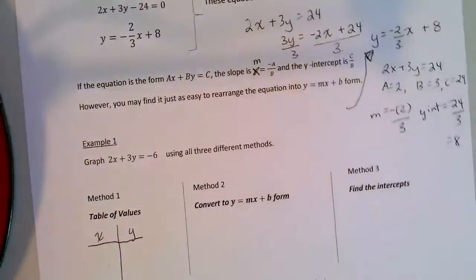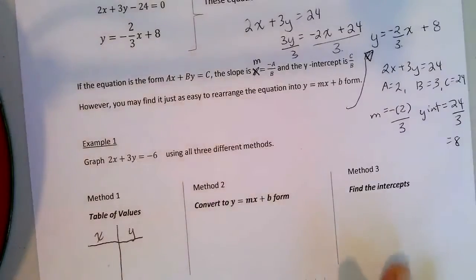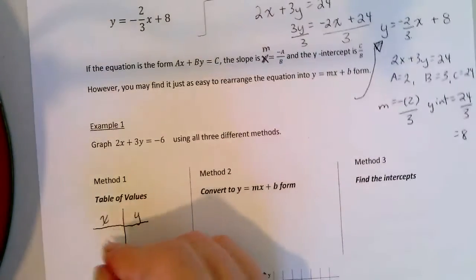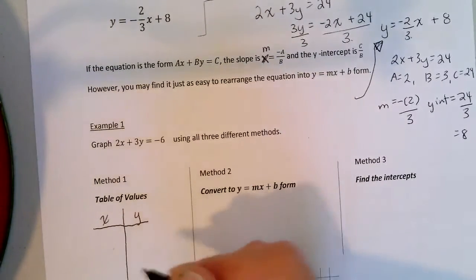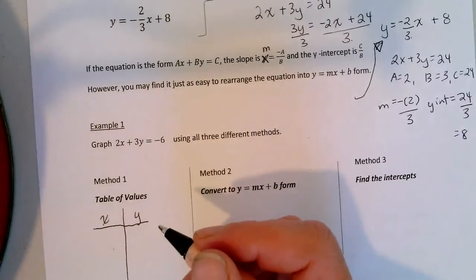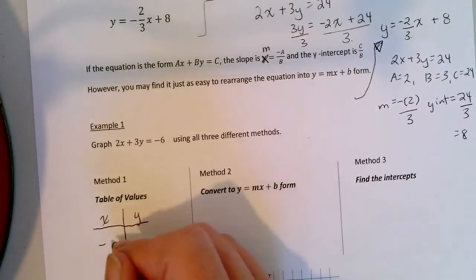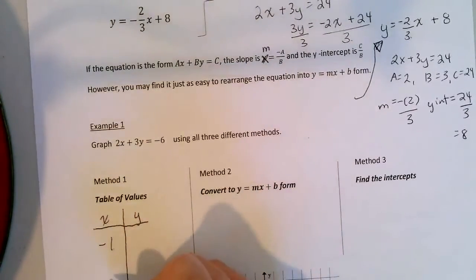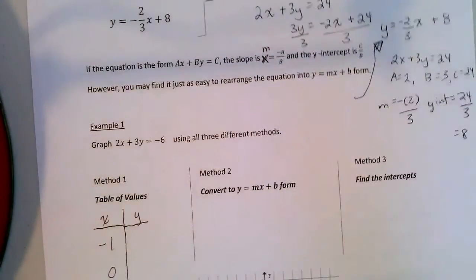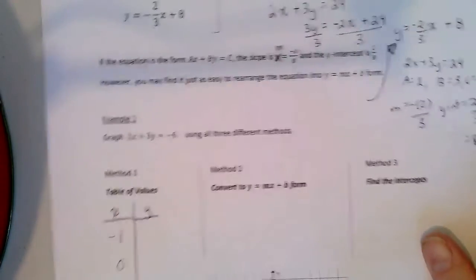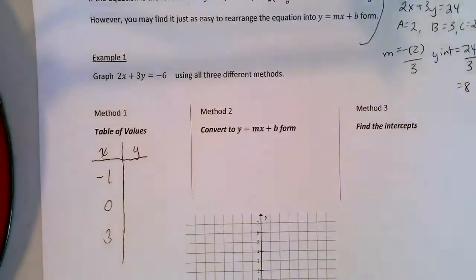And again, you choose the values for x and you find its partner y. So I'm going to choose x is, let's pick negative 1, maybe 0, and maybe positive 3. I'm just randomly picking 3 values for x.